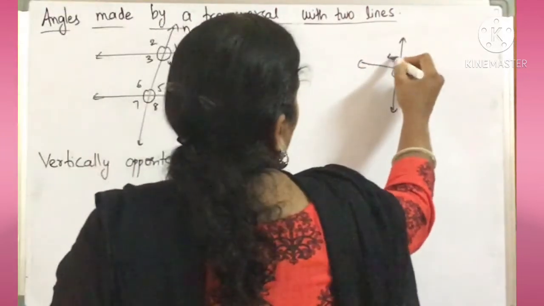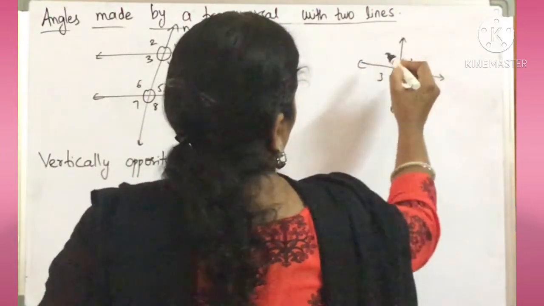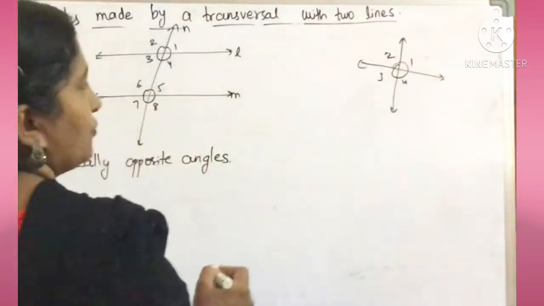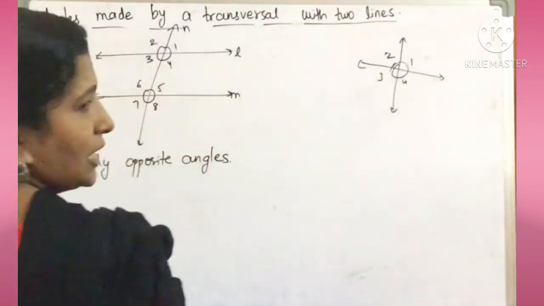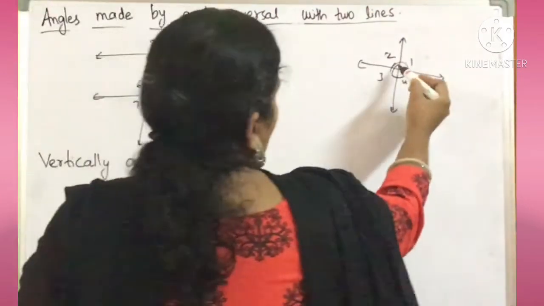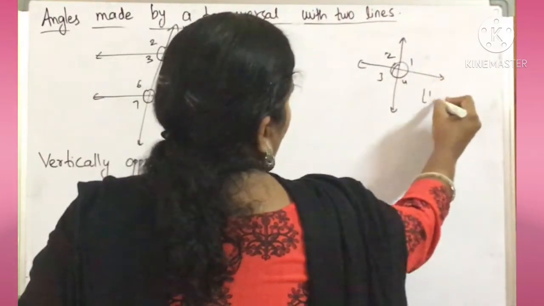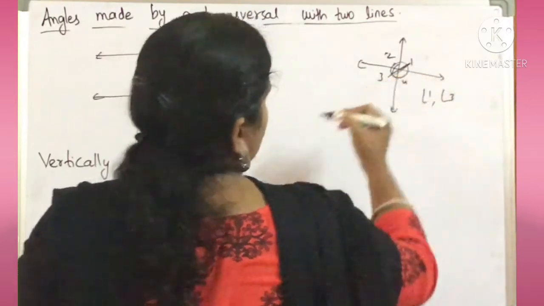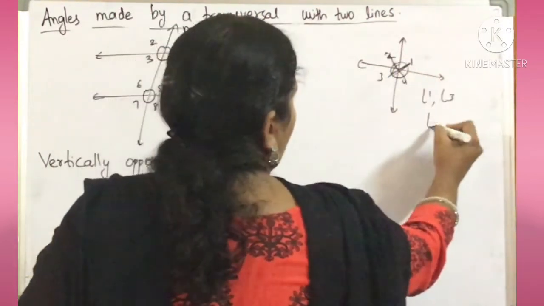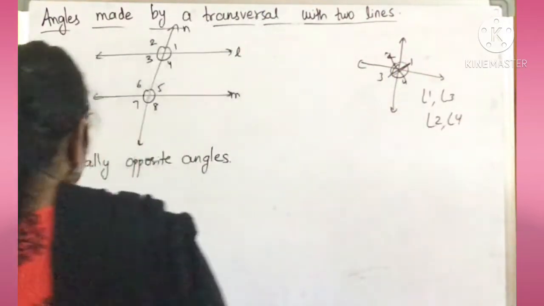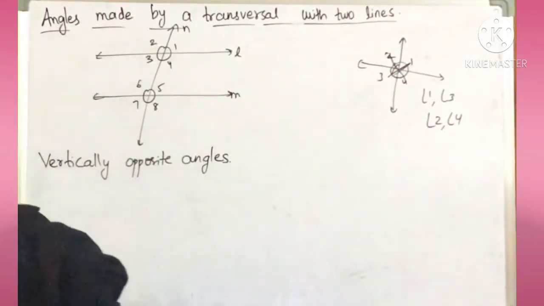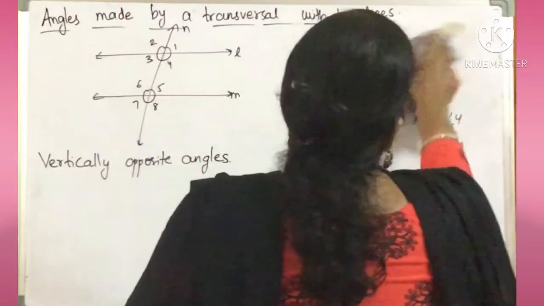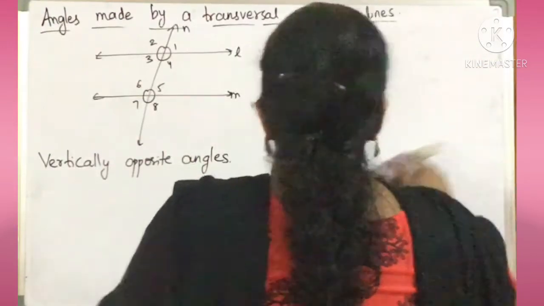For example, 1, 2, 3, 4 are the 4 angles. What are vertically opposite angles, children? Angle 1 and angle 3 are vertically opposite angles, and angle 2 and angle 4 are a pair of vertically opposite angles. I explained already that vertically opposite angles are always equal.